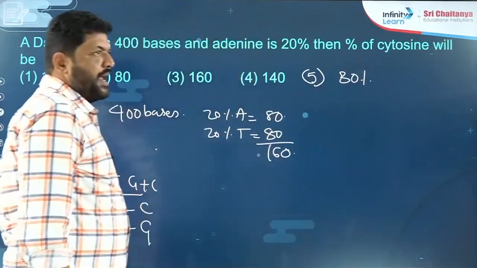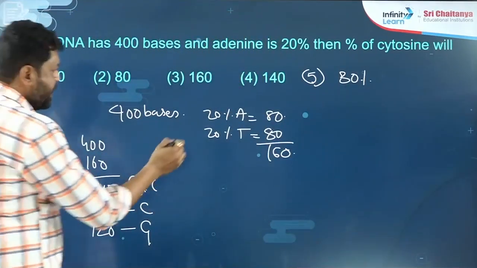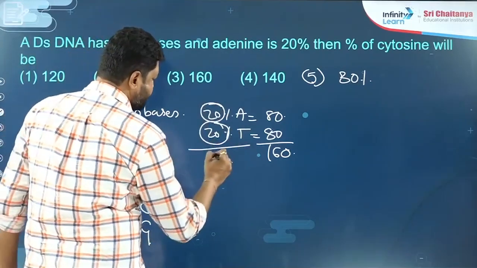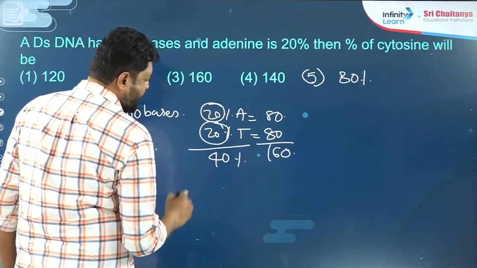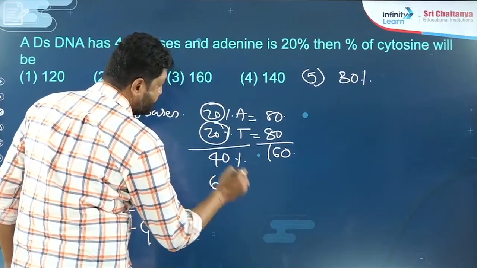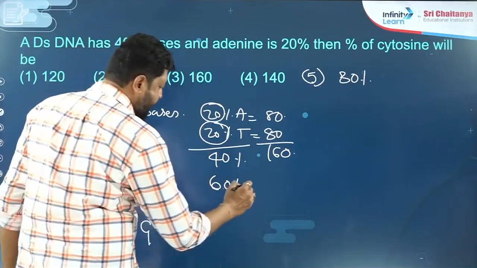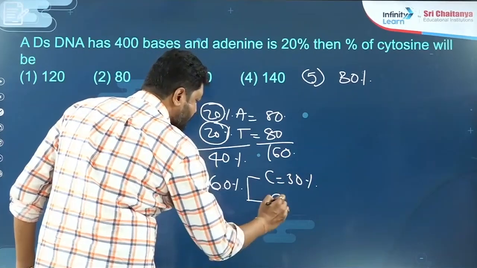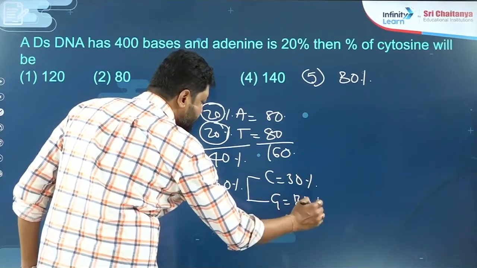You can obtain it in two different ways. If adenine is 20%, thymine is 20%, this is 40%. Left is 60%, so cytosine will be 30% and guanine will be 30%.